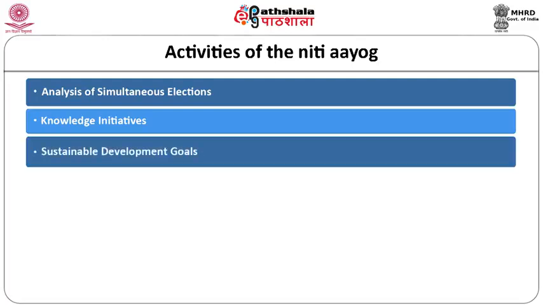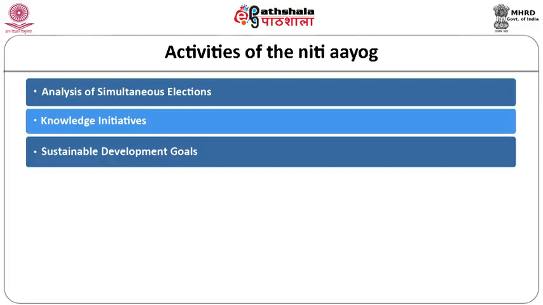Next are the Sustainable Development Goals, or SDGs, which started on January 1st, 2016, and are expected to be achieved by 31st December 2030. However, some targets that build on preset international agreements are expected to be achieved sooner.